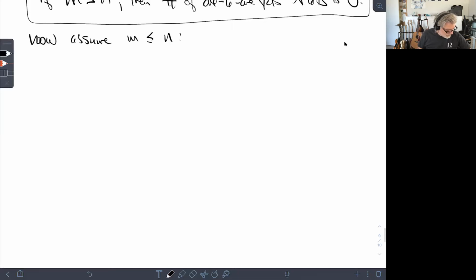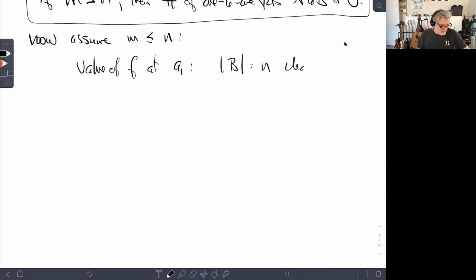Okay, so value of f at A1, there are B choices, which is n, right? Now, the value of f at A2, I can't use that first value that I used, so now I have n minus 1 choices.